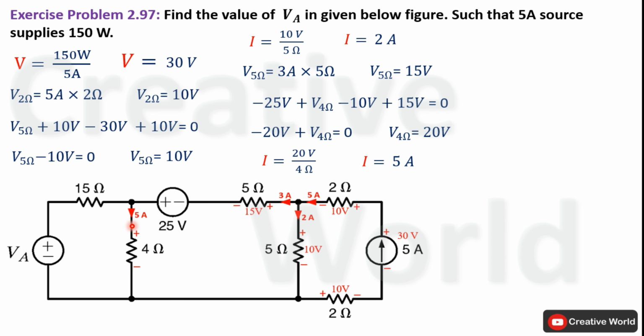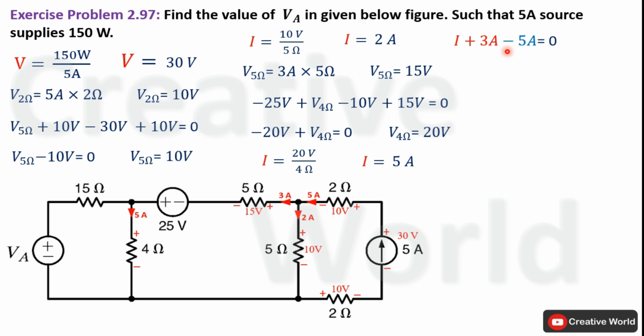Now we will apply Kirchhoff's current law on this node to calculate the current of this branch. On this node, 3 ampere current is entering while 5 ampere current is leaving from this node. So in order to justify Kirchhoff's current law on this node, current through this branch should enter towards this node. Let's assume current through this branch is I. So entering currents on this node will be current I and 3 ampere, while leaving current is 5 ampere only.